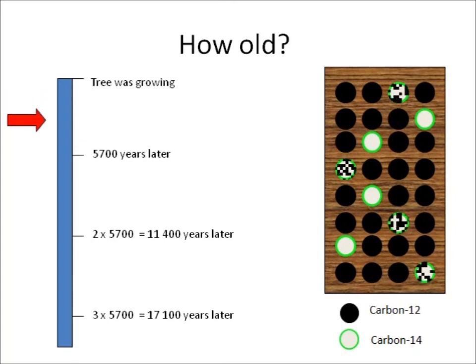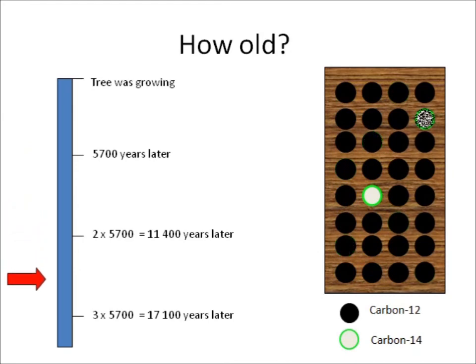However, as the amount of carbon-14 decreases in the samples they're looking at, they know the objects must be older and older because the trees they were made from were growing longer and longer ago. And by using this method, archaeologists can quite accurately determine or guess how old a wooden object actually is.